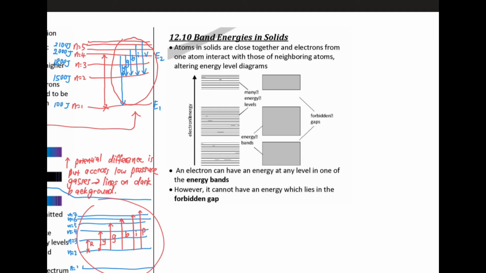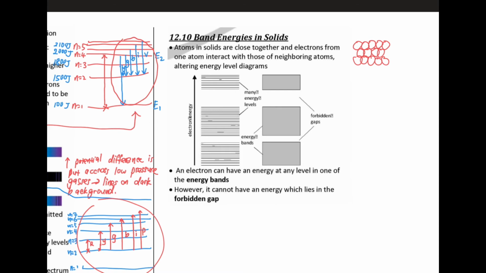First, we know that in a solid, the atoms arrange themselves in this way, very close together, something like this. At the meantime, the electrons interact with one another, not just within the same atom, but with neighboring atoms as well.